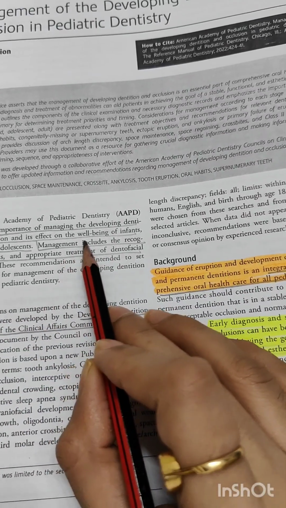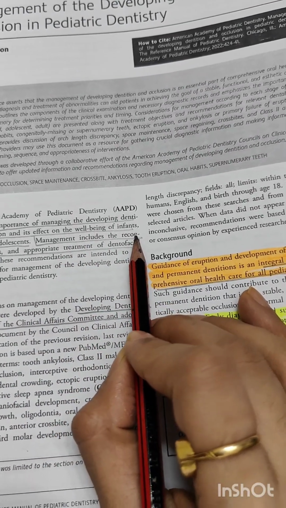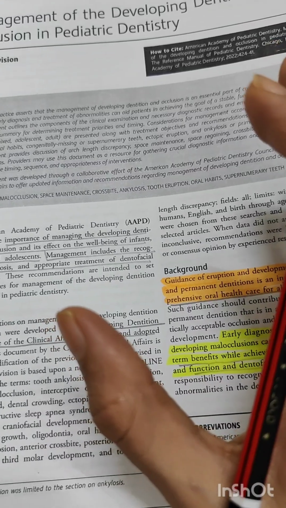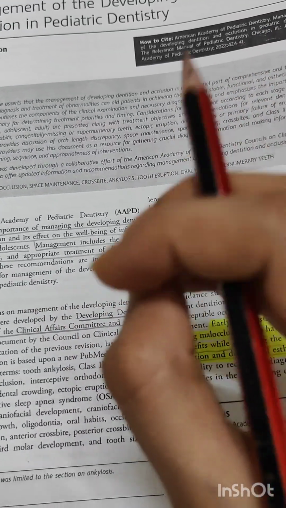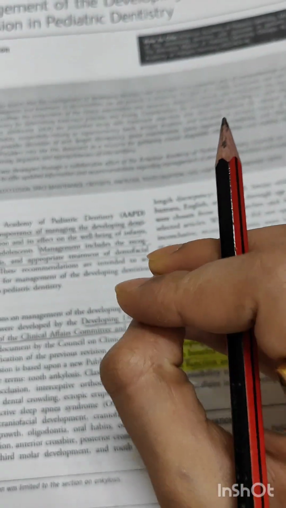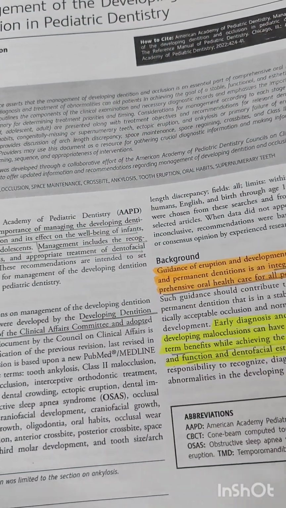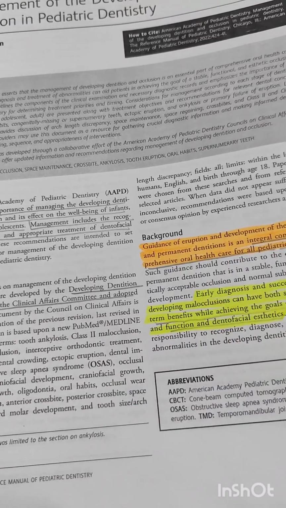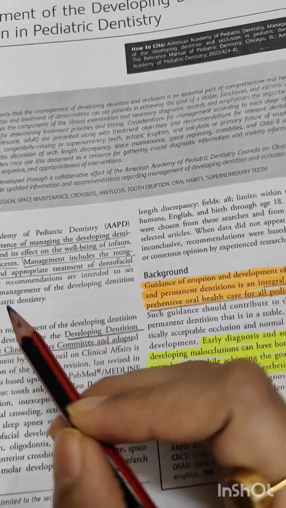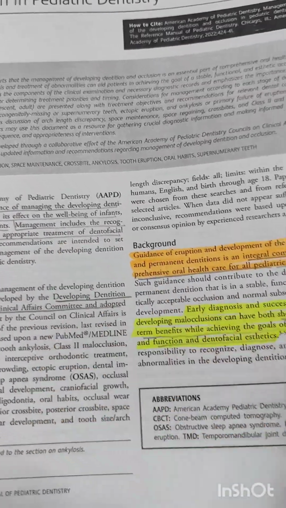Means what will you do in management? It is very important that you recognize the malformation and diagnose it at the earliest, and then take the appropriate treatment for the dentofacial abnormalities. So various recommendations were given to manage these.